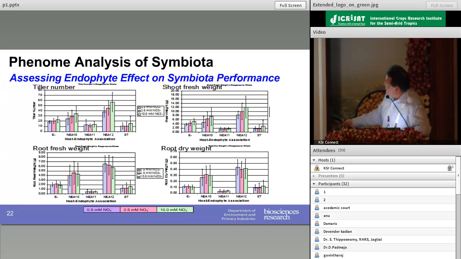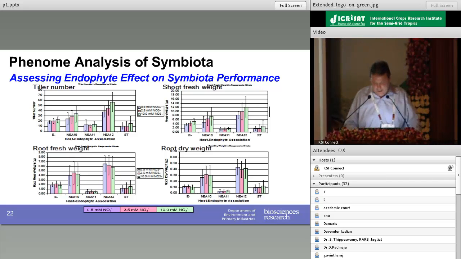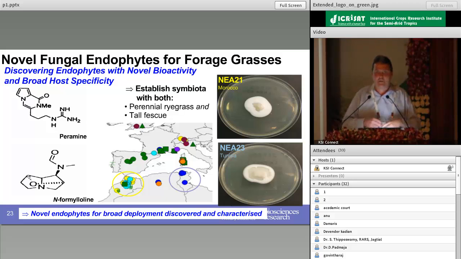If you were to inoculate it with a different endophyte, you possibly will halve the tiller number or root fresh weight. So, that interplay shows the importance of describing at the omics level the totality of the biological system that ultimately is delivered in the form of the seed on farm.